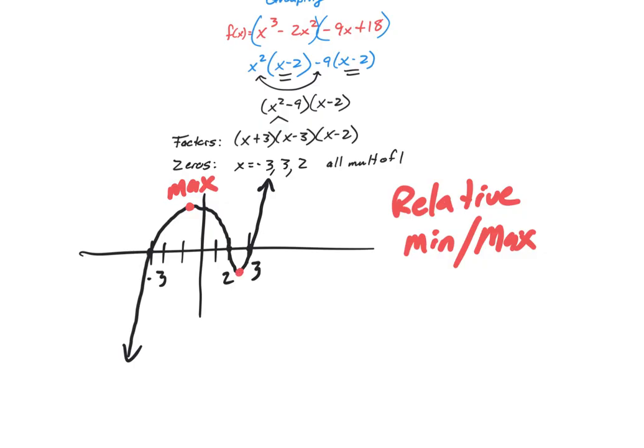This point is where it reaches its relative min. And those probably, in some cases, are going to be big old long decimals, okay? And so they're going to ask you to round to the nearest tenth, hundredth, whatever. But relative min and max are 2 things that you could find on your calculator. We've done that before, so I don't think there's much there to talk about. But if you see it in your assignment today.